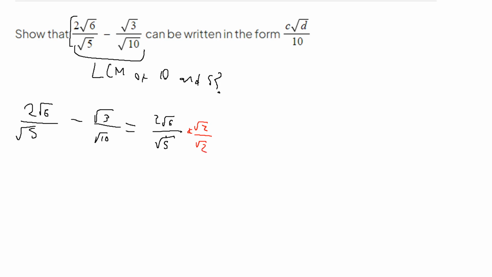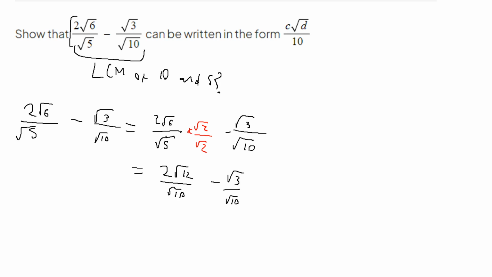And then we're minusing root 3 over root 10. And so what we're left with is, what's 2 times 1? 2 times 1 is 2. 6 times 2 is 12. We're left with 2 root 12 over root 10 minus root 3 over root 10.